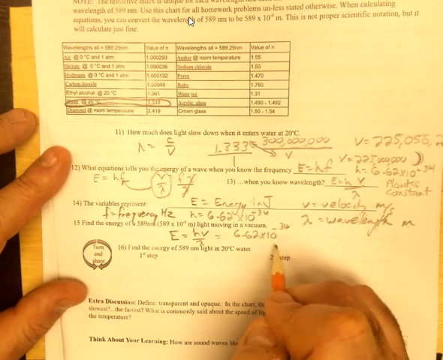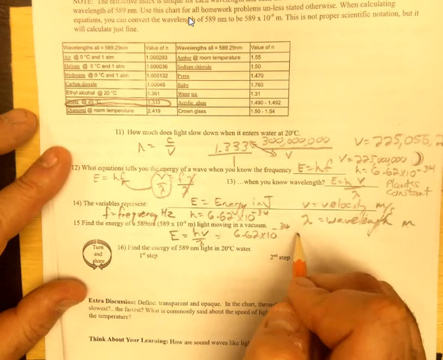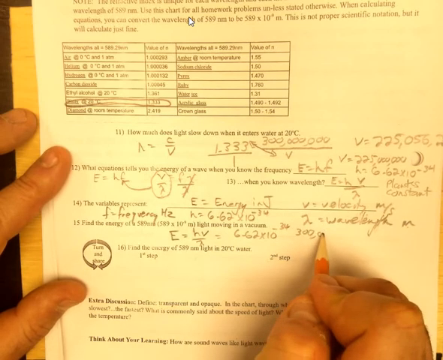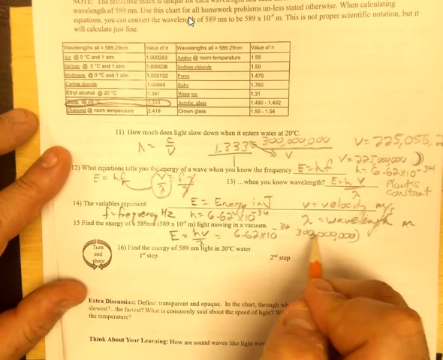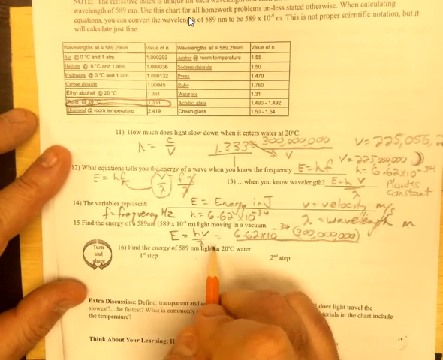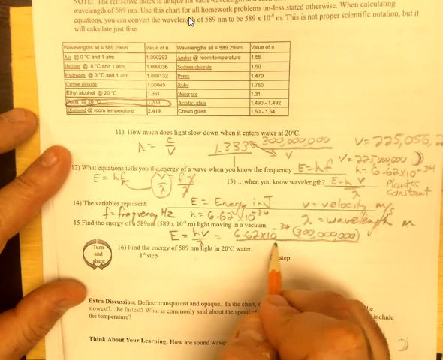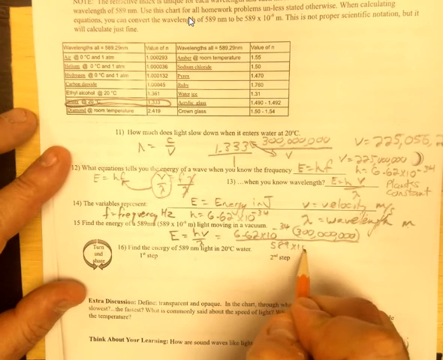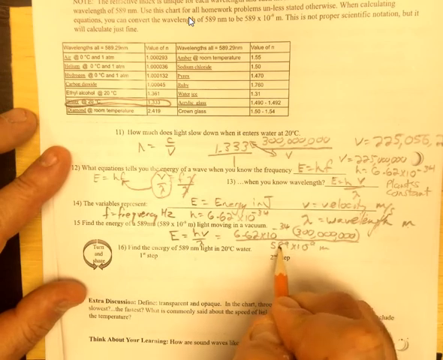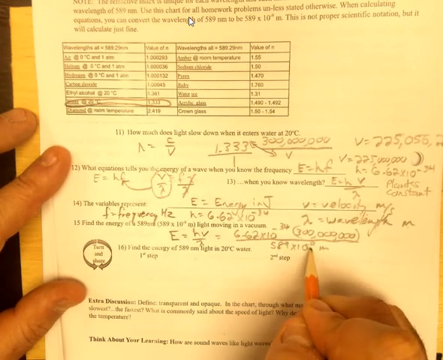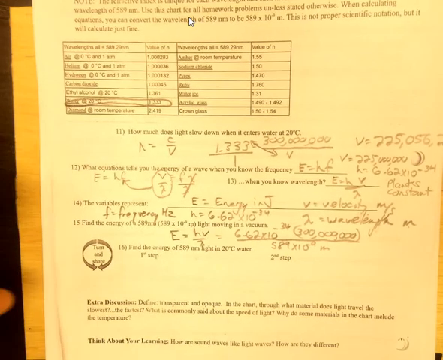The velocity, light moving in a vacuum, that's the 300 million. And then we divide it by the wavelength, which is the 589 times 10 to the negative 9th meters. You've got to use the plain old meters version with a negative scientific notation.